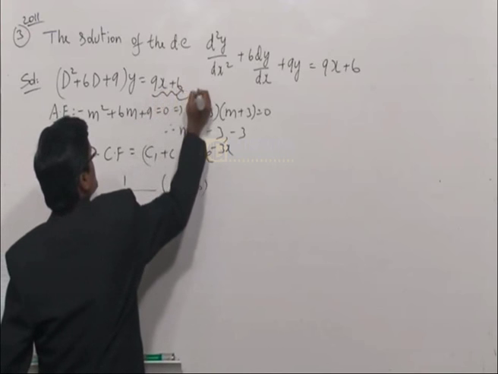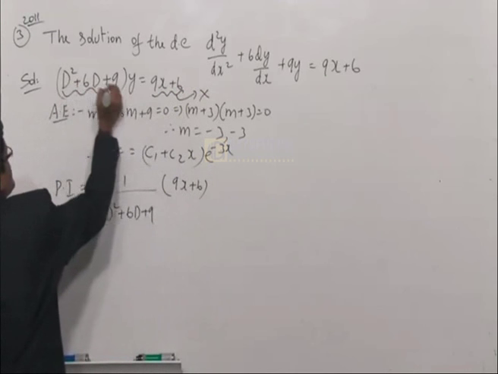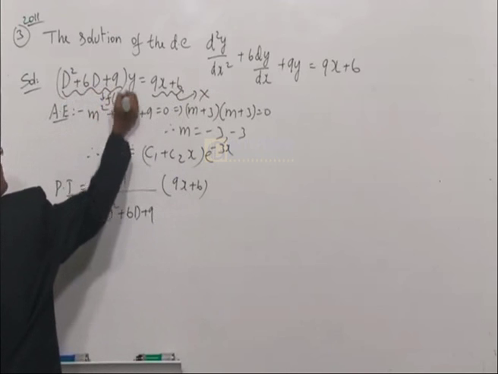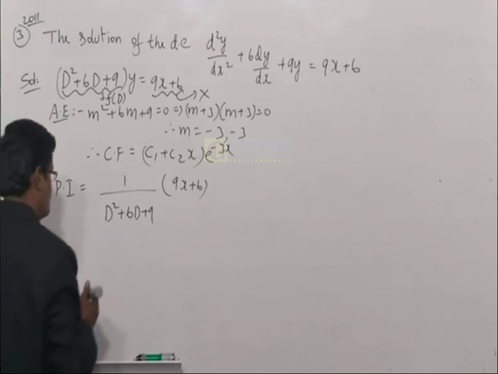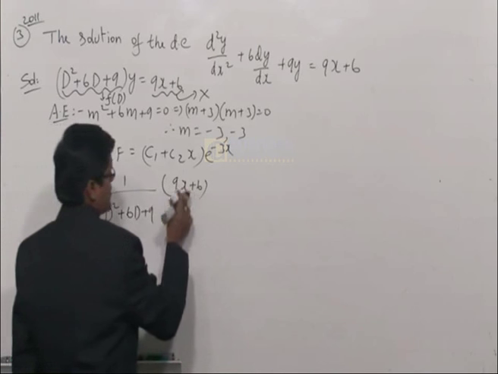So comparing with the standard form, that is capital X, this is your f of capital D. Now, 9x plus 6, sum of two terms.